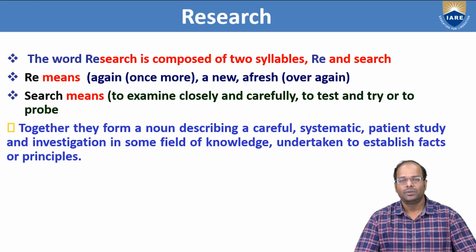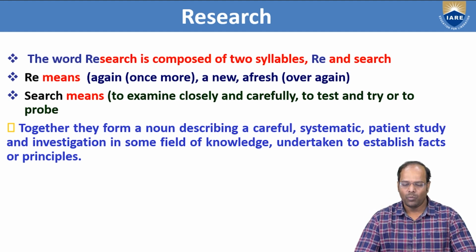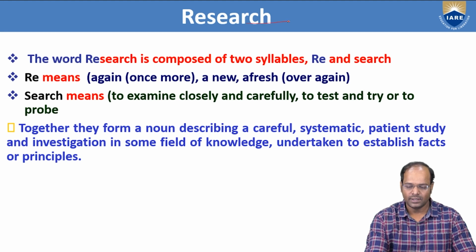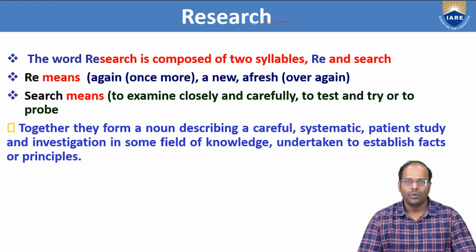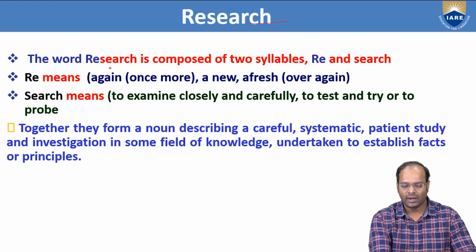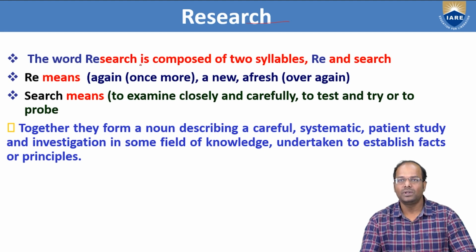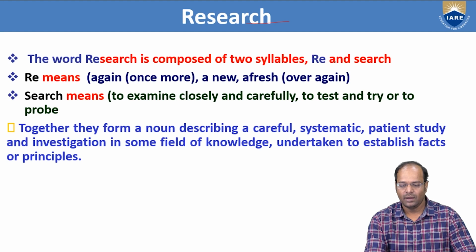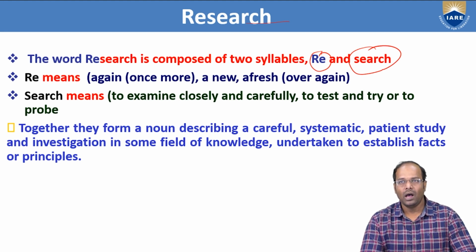First, we are going to discuss what is meant by research. The word research is composed of two syllables, re and search. Re means again, anew or afresh, over again.